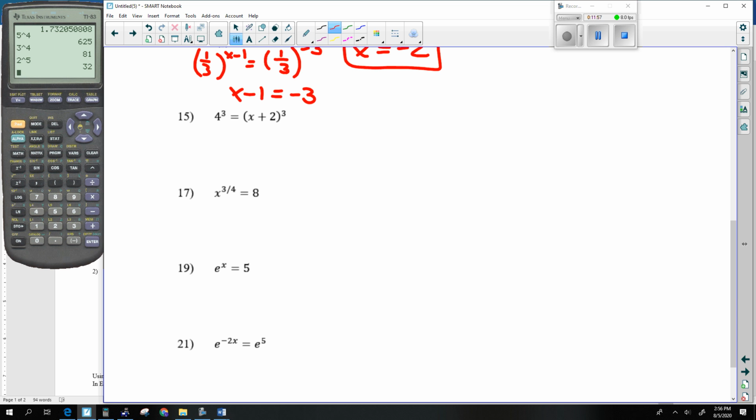Okay, if these two things are going to be equal to each other, a 4 to the 3rd is going to be equal to a 4 to the 3rd, obviously. That would mean that x plus 2 has to be equal to 4. A 4 to the 3rd is equal to a 4 to the 3rd.